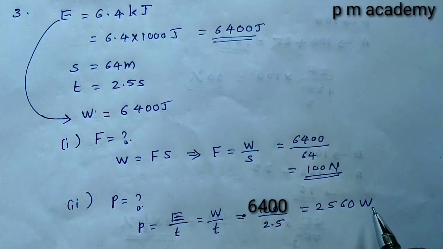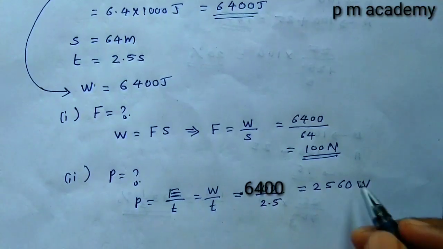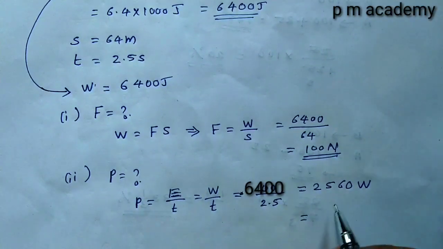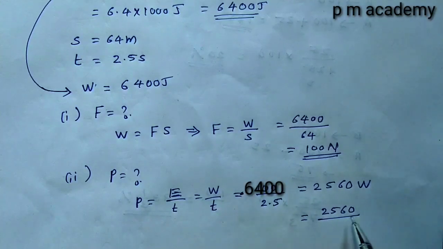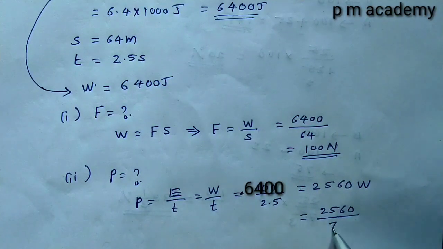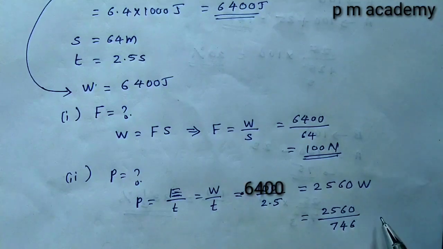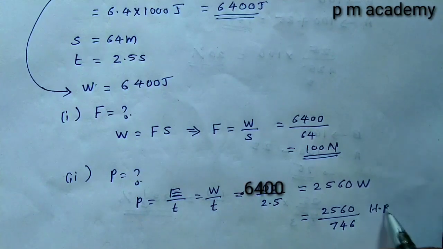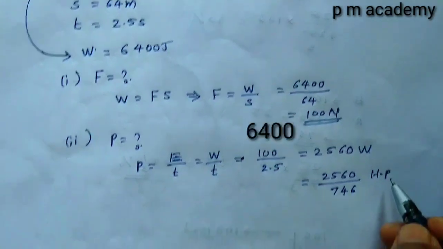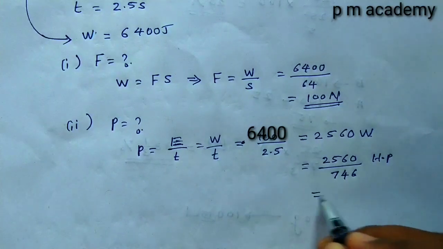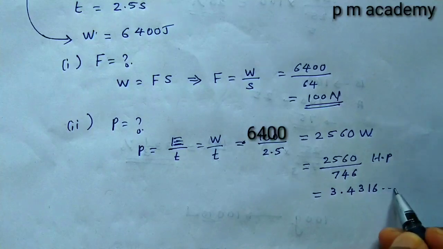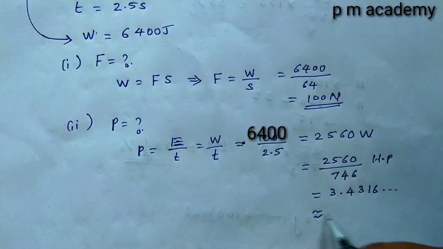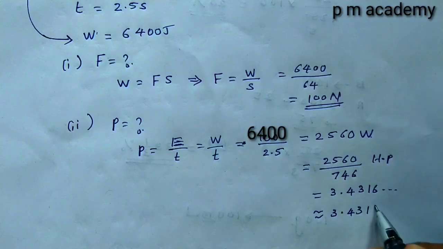But remember that in the question you have to find out the power in HP. To convert power into HP, 2560 divided by 746. To convert watt to HP divide by 746. The answer is 3.4316 something. It can be approximately equal to 3.43 HP.